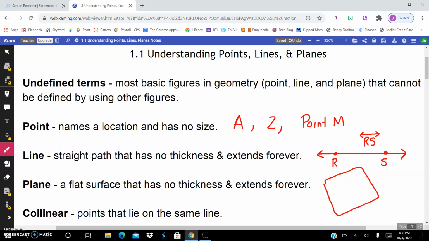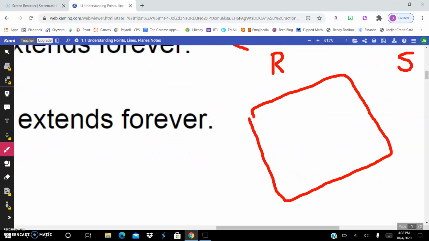And a lot of times there is an italicized letter, or more of a cursive looking letter, in the corner somewhere that is used to label those. So I will do my best to kind of show you. There's a little fancier R.